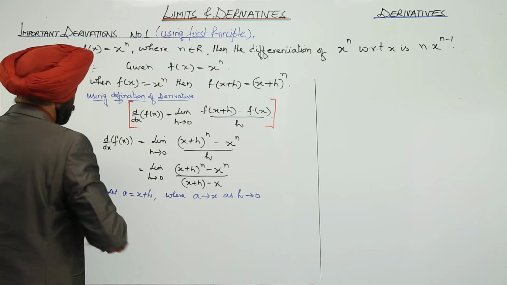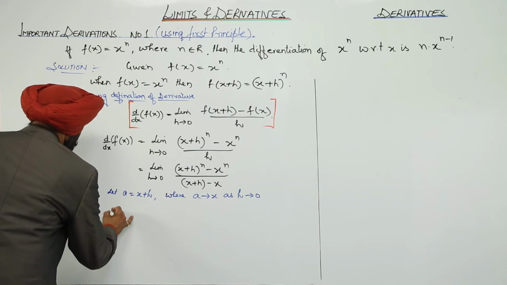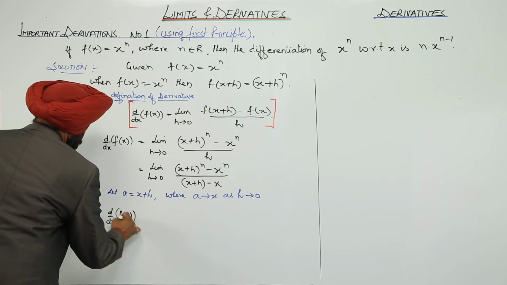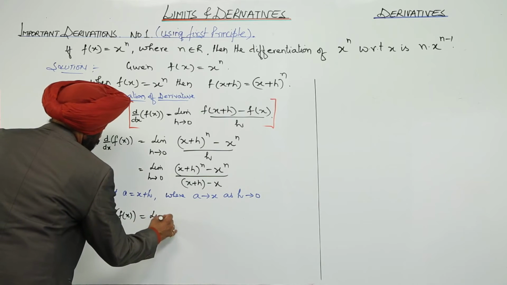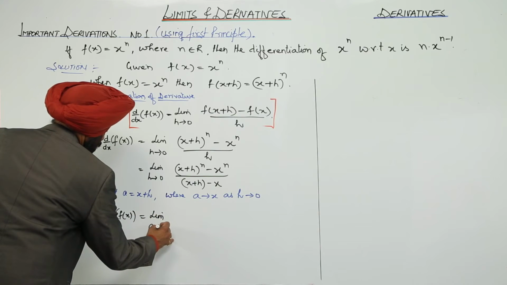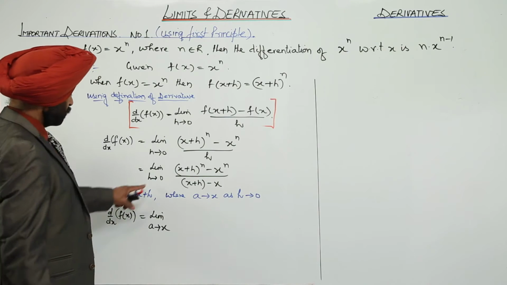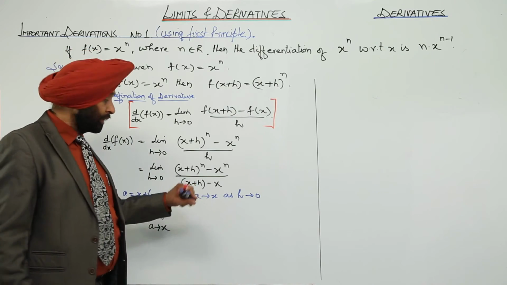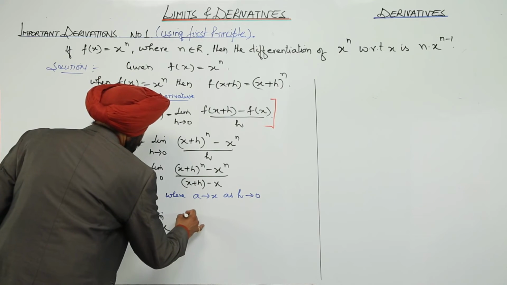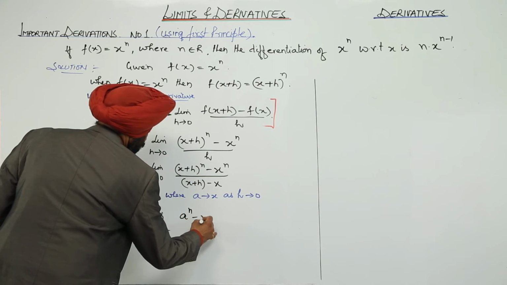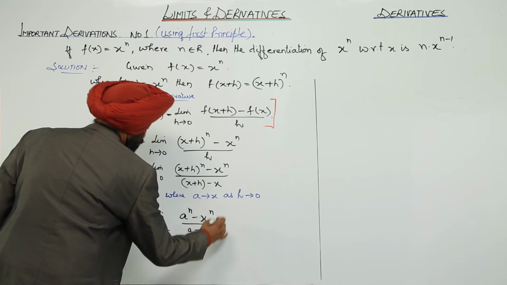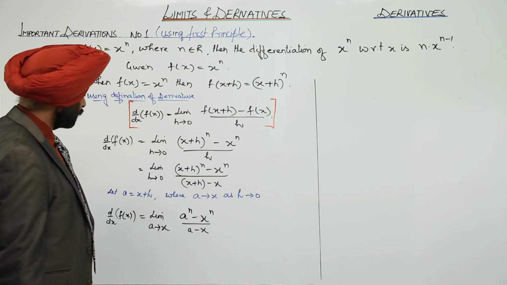Now d by dx of f is equal to limit a approaches to x, as h approaches to 0 and a approaches to x. So we will write a raised to power n minus x raised to power n upon a minus x.